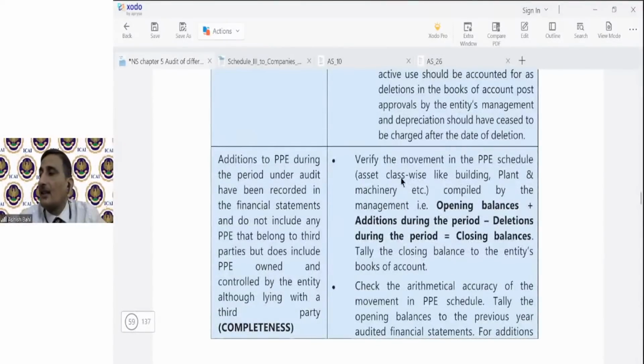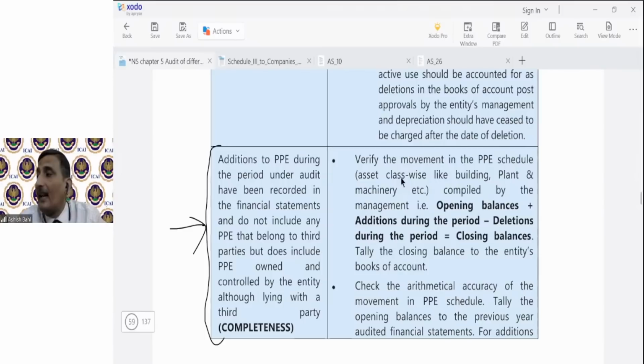So next assertion is completeness. So completeness means that all the additions to PPE have been recorded. So कहीं ऐसा तो नहीं है कि कोई आइटम जो है it should have gone to PPE but actually it is recorded as an expense. गलत रिकॉर्ड हो गई, वो मिस स्टेटमेंट हो जाएगी.